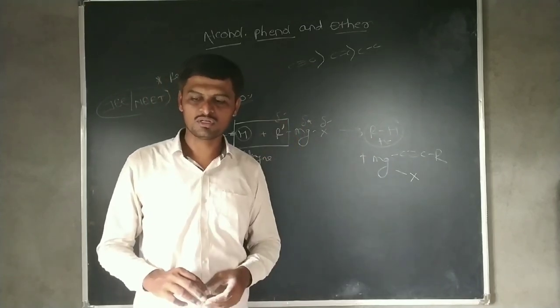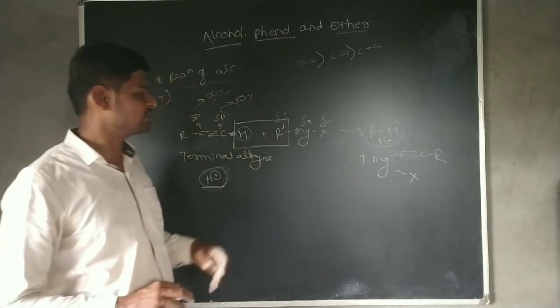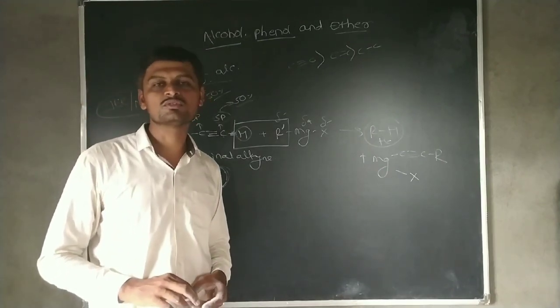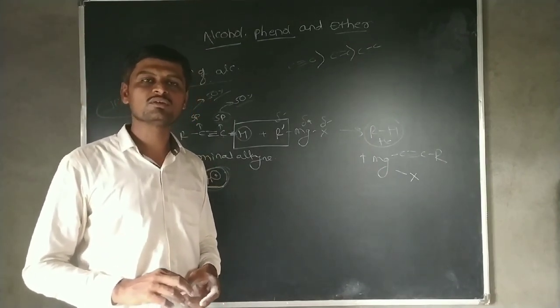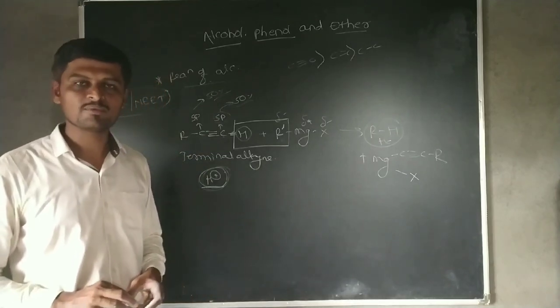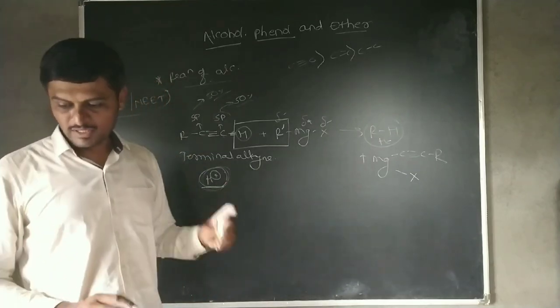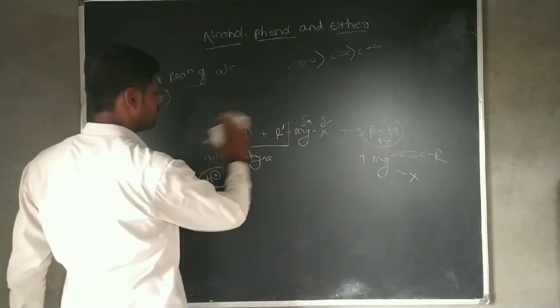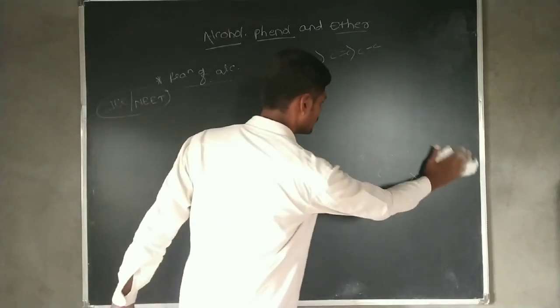This is the most important point, and these are some examples of acidic functional groups reacting with Grignard reagent.